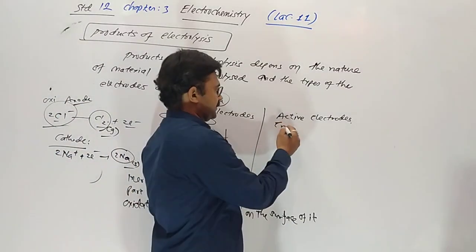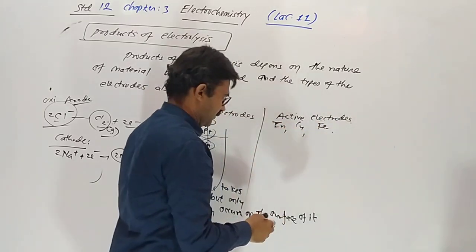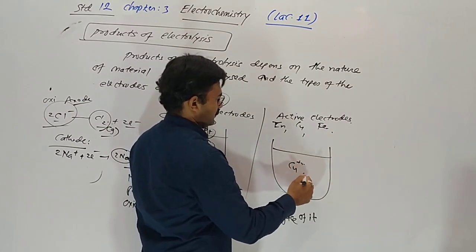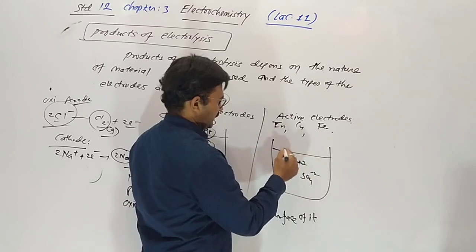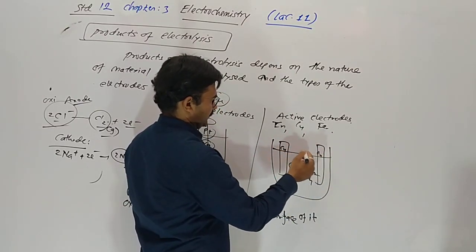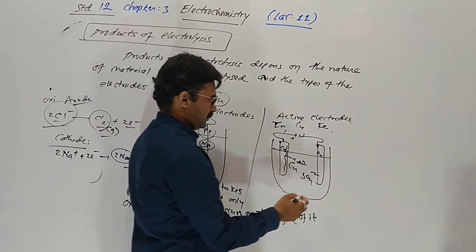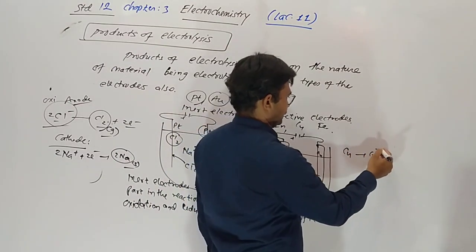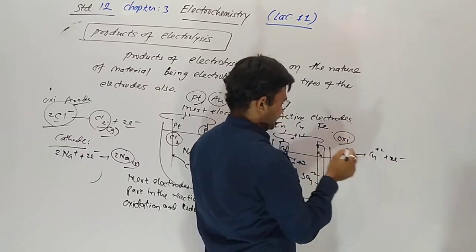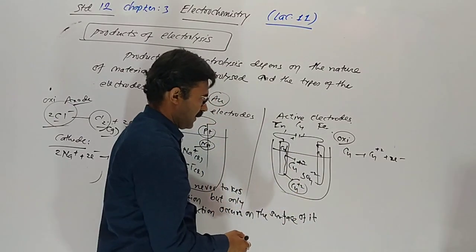Active electrodes like zinc, copper and iron are active electrodes. So when we take a solution of copper sulfate and dip a rod of copper into it, the copper rod experiences oxidation. So in the solution Cu2+ increases.